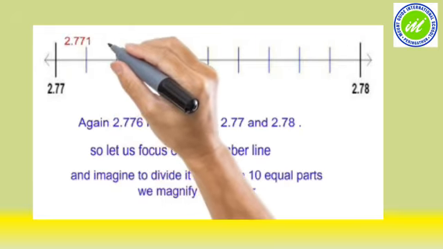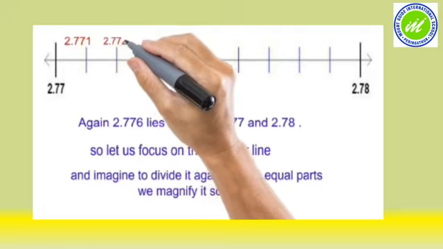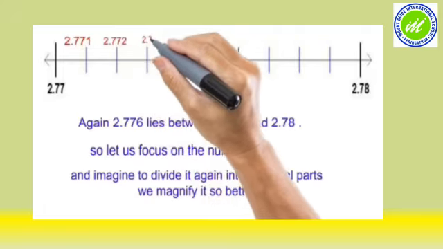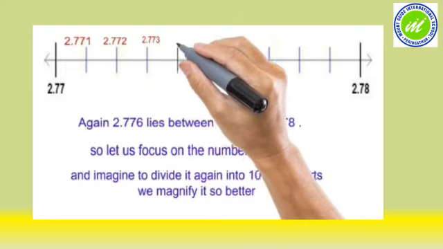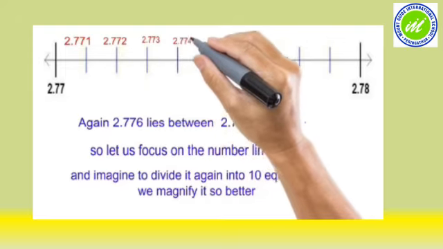Here the first mark represents 2.771, second mark 2.772 and so on. 2.776 is the sixth mark in these subdivisions.